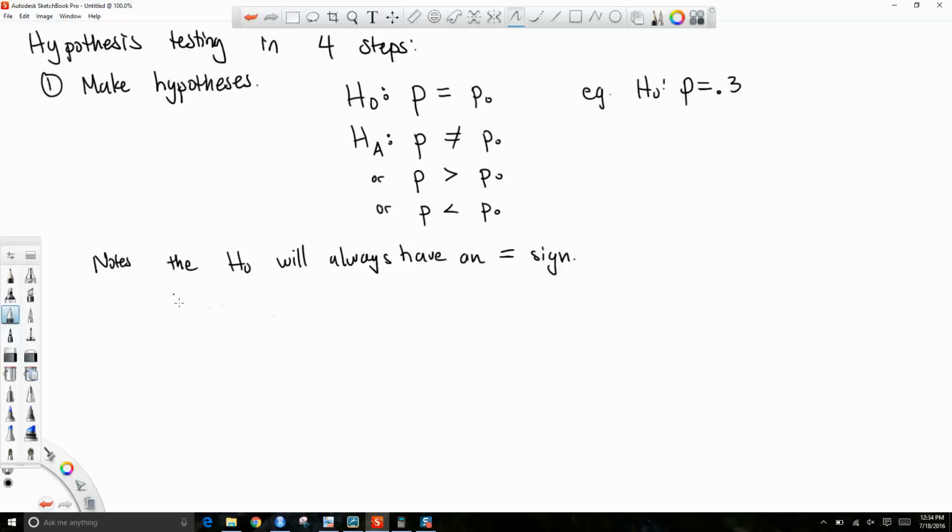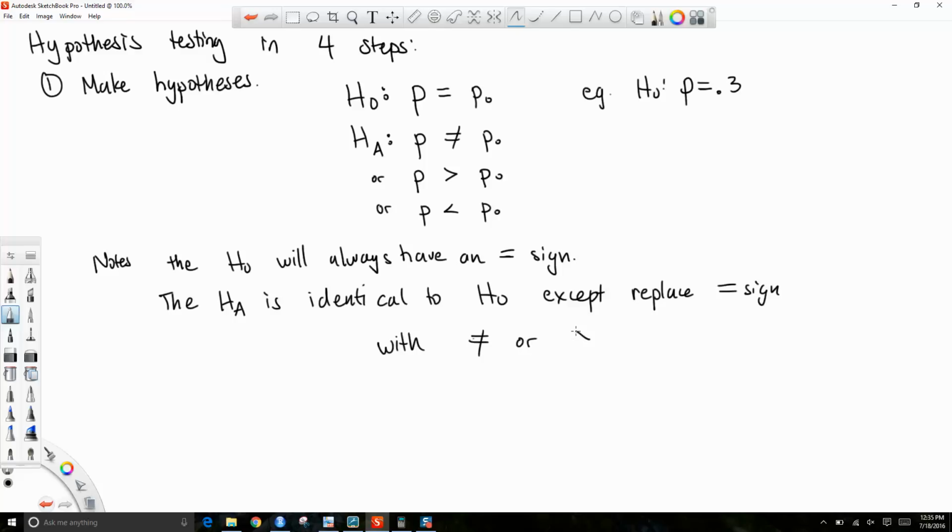And then the alternative hypothesis is identical to the null hypothesis, except replace the equal sign with a not equal, or a greater than, or a less than sign. Okay?